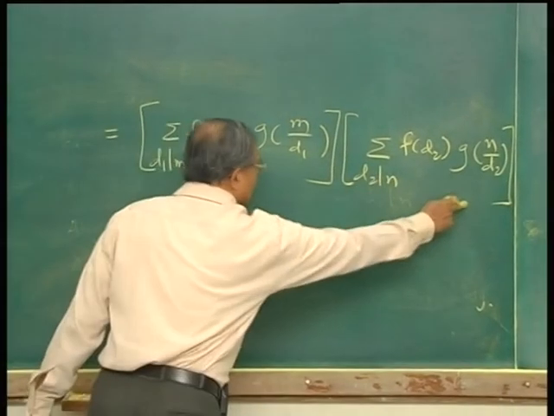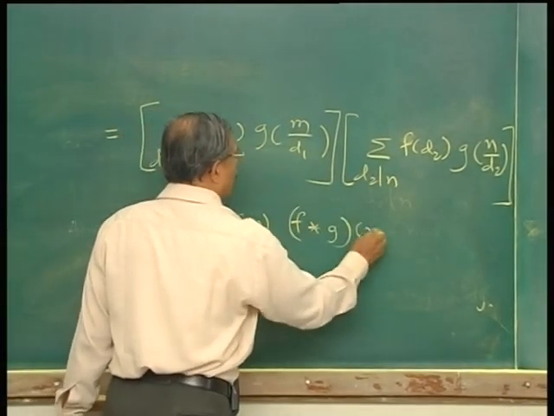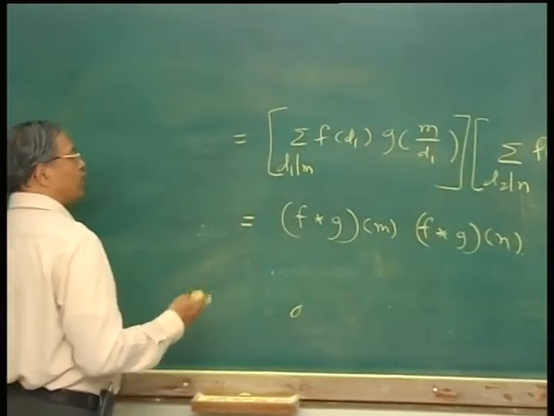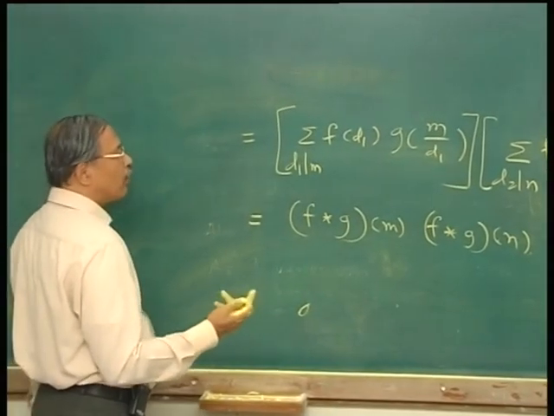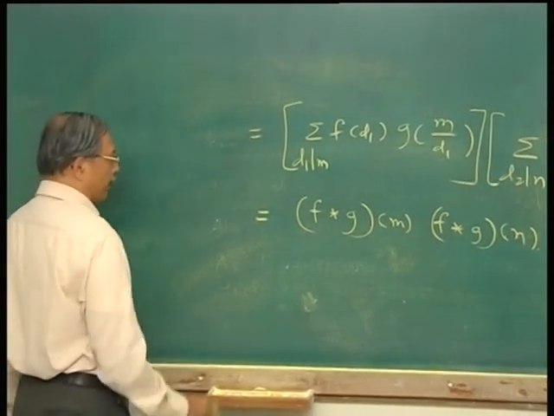And this second bracket is nothing but f star g of n. So f star g of mn equal to f star g of m into f star g of n whenever m and n are coprime.